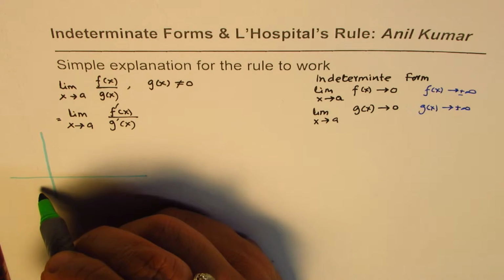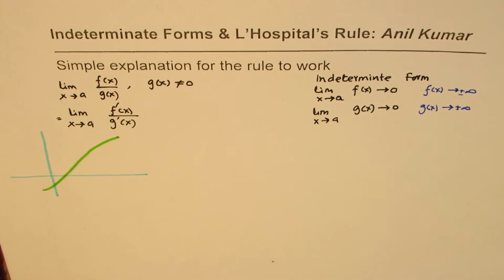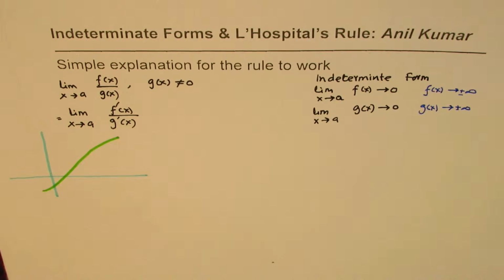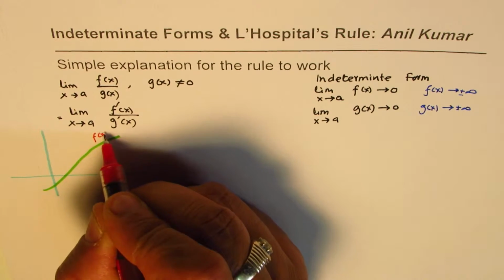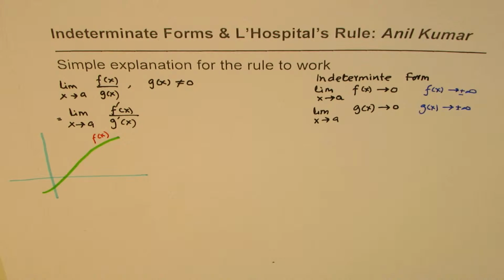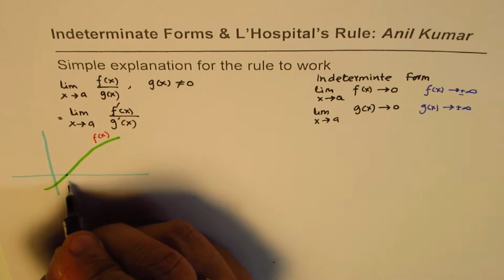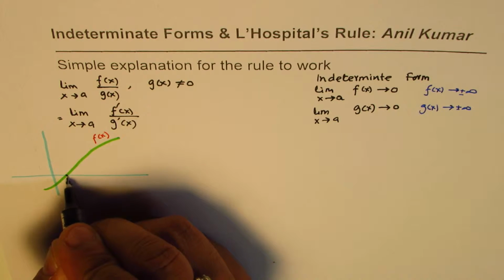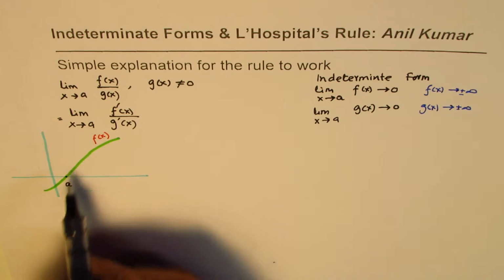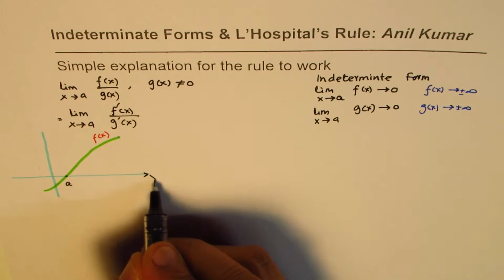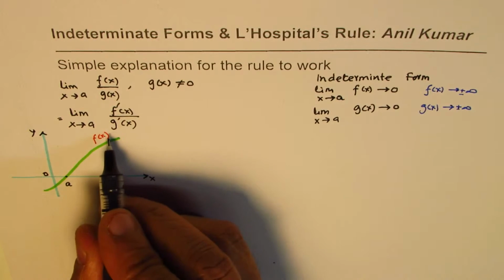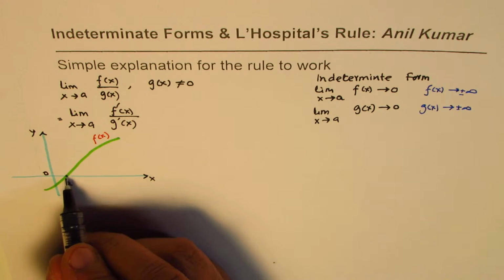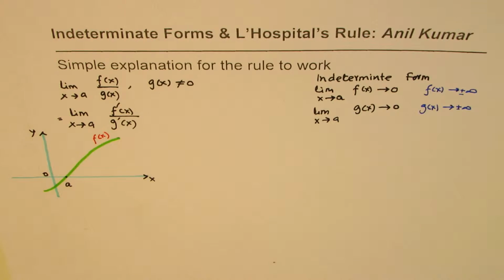Let me call this function f of x, and we'll consider this point here where it is approaching, this is a for us, and the function f of x is approaching 0 as x approaches a. You get an idea, right? So this is the x-axis, that is the y-axis. So the function f of x approaches 0 as x approaches a.